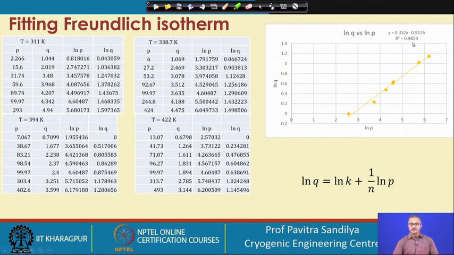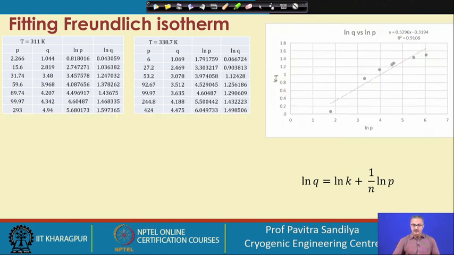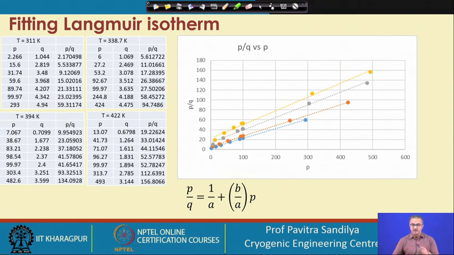So, what we find is that for higher temperature Freundlich is able to give us a better fitting to the given data set than at lower temperature, but in general if we compare the Freundlich and Langmuir, we find that for Langmuir the fittings are better than the Freundlich.